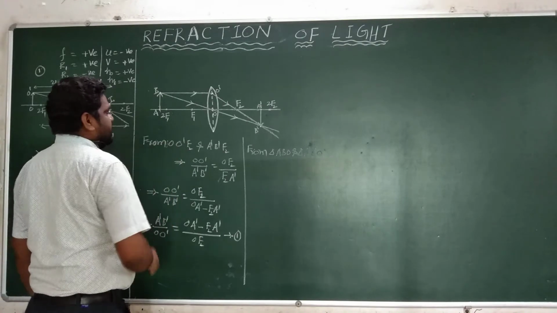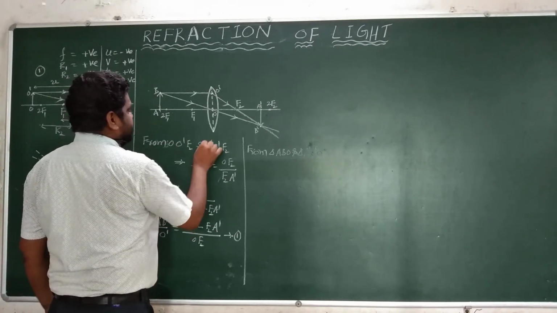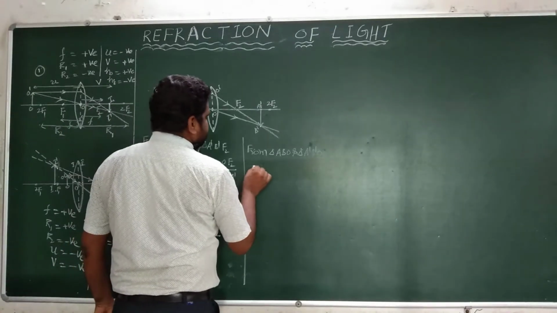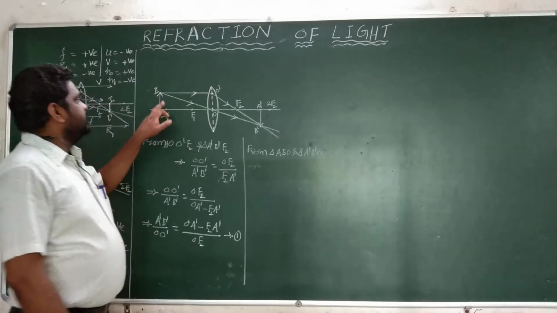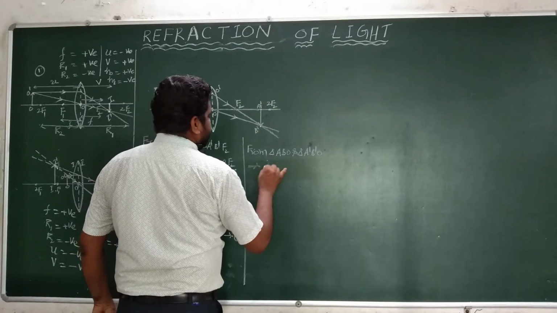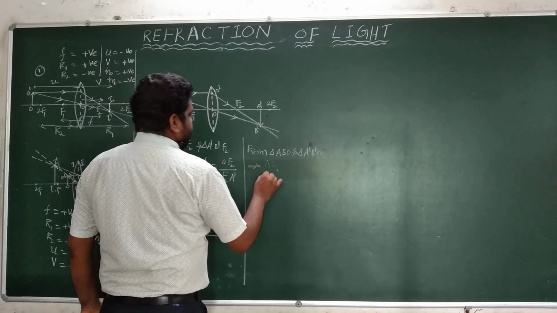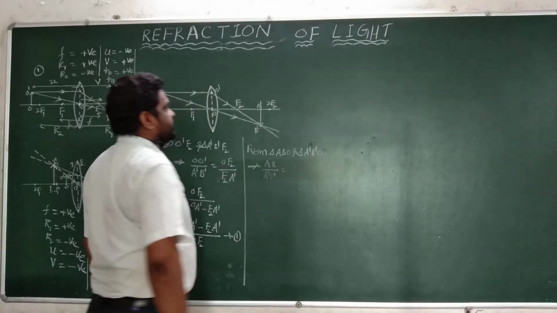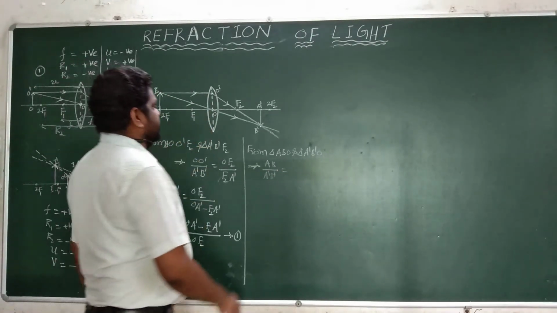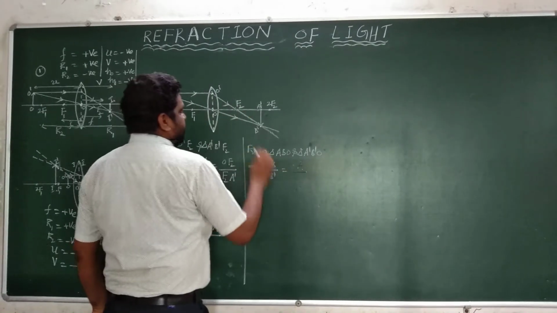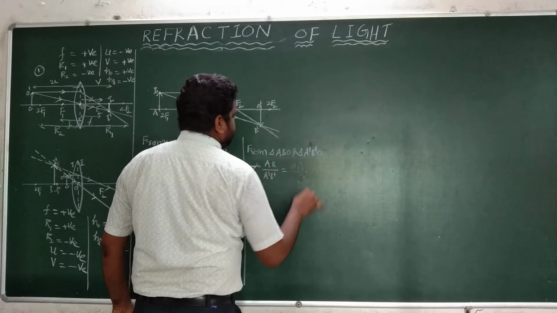From these, this is the base of this triangle: AB divided by A dash B dash equals the height of the triangle, OA divided by OA dash.